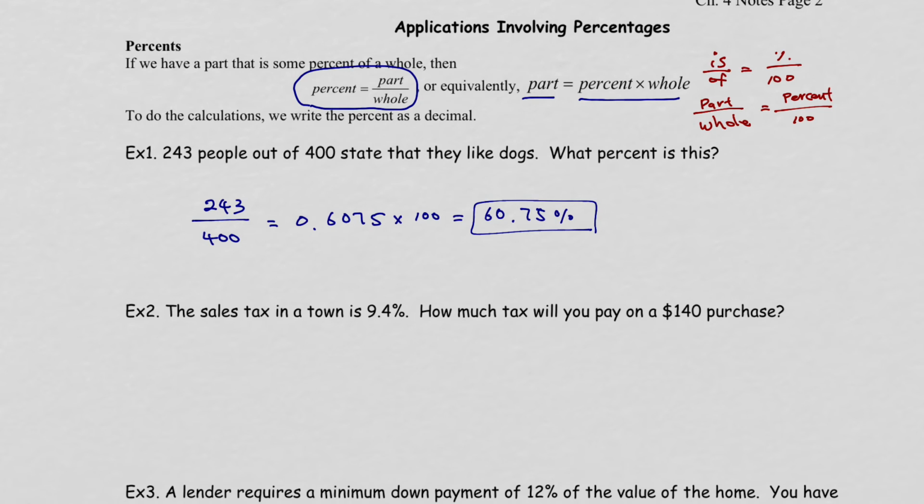What about the next problem? Sales tax in town is 9.4%. How much tax will you pay on a $140 purchase, right? So trying to figure out the tax of the price is just basically multiplying. And when you're multiplying, you want to change percent into decimal.